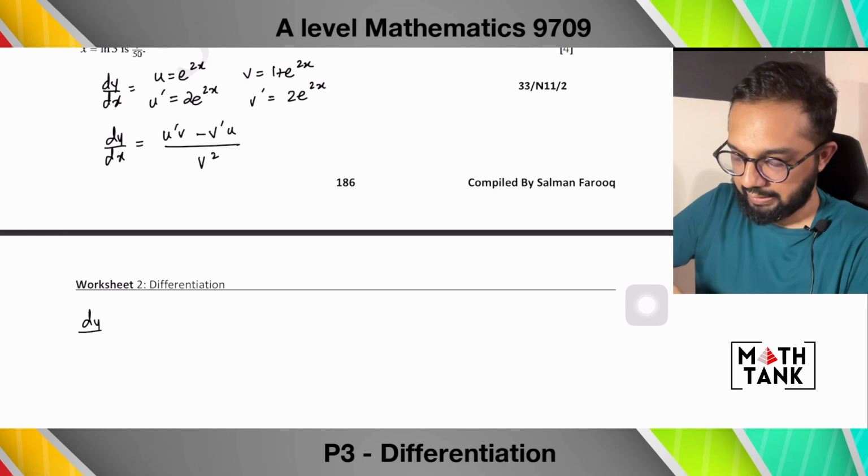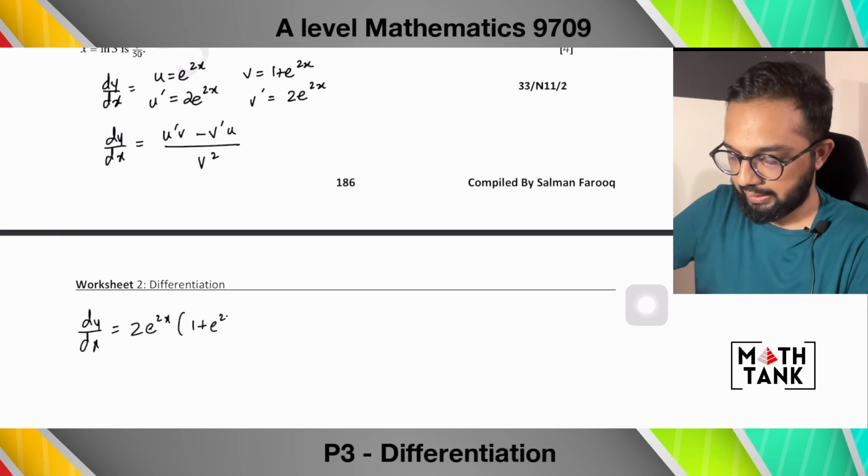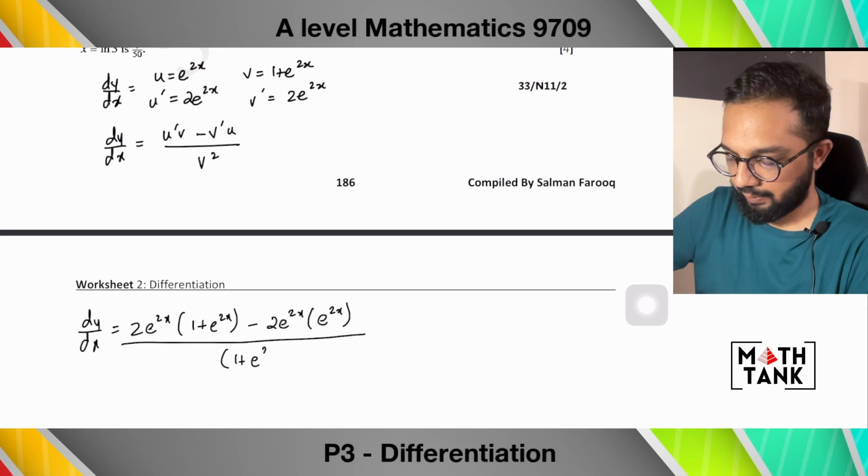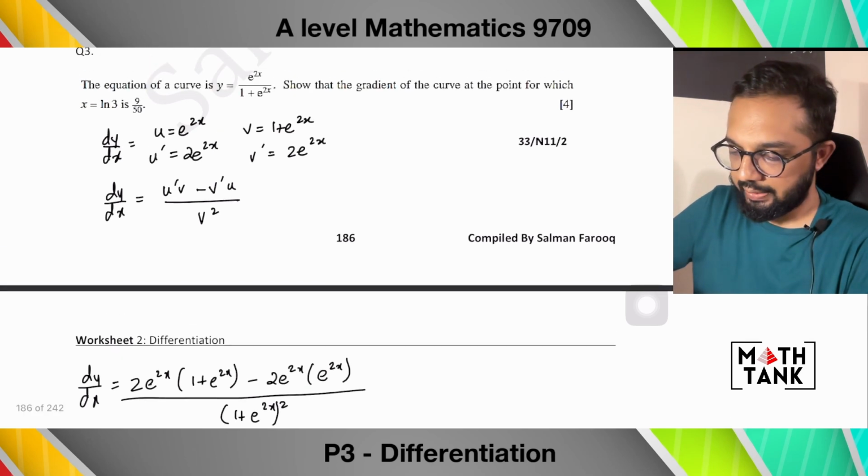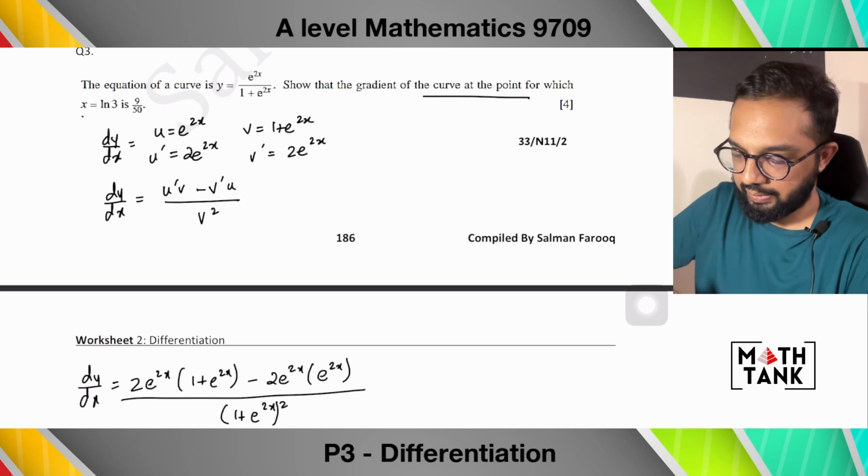So dy by dx is u dash v, sorry, minus v dash u over v squared. So dy by dx is then 2e2x into 1 plus e2x minus 2e2x into e2x over v squared. Now it says show that the gradient of the curve at the point for which x equals ln 3 is 9 over 50.